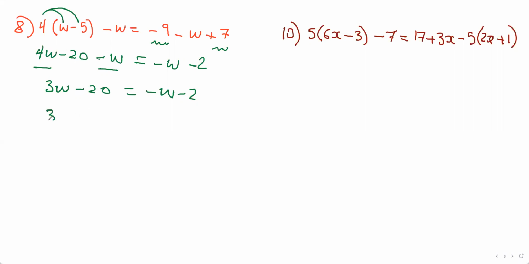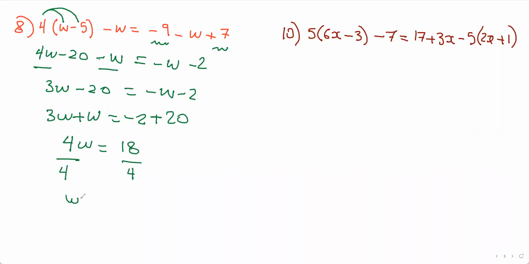Now, 3w plus w equals -2 plus 20. That's 4w equals 18. Divide both sides by 4. W equals, that cancels. 2 goes into 4 twice, and into 18 9 times. So the answer is 9/2.